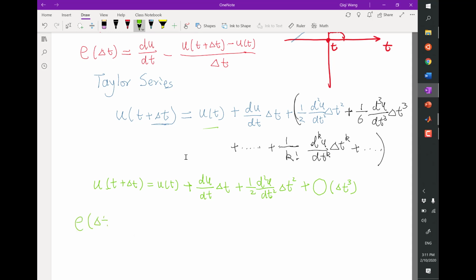The error, again, is the difference between what I want to approximate and what I use to approximate it. So this is what I want to approximate. And then I plug in the Taylor series.